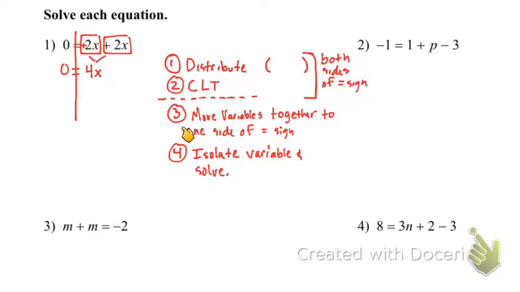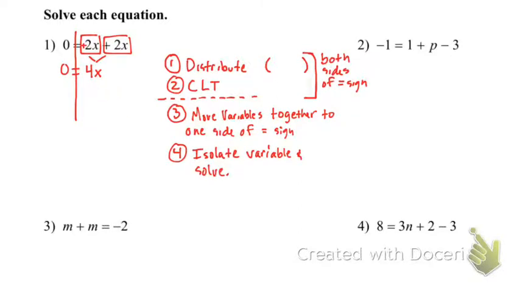Now we jump to step 3. Step 3 is only used if you have variables on both sides of the equal sign. If you notice, we only have a variable on the right side. So step 3, we do not have to do here. So we can skip step 3 in problem number 1. Now we go on to step 4, which is isolate the variable. This is basically what we've been doing the last 2 weeks. Our goal is to get the x by itself, which means we have to get rid of the 4.